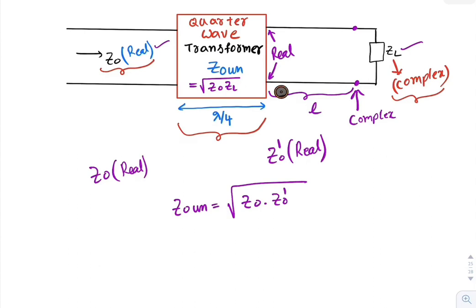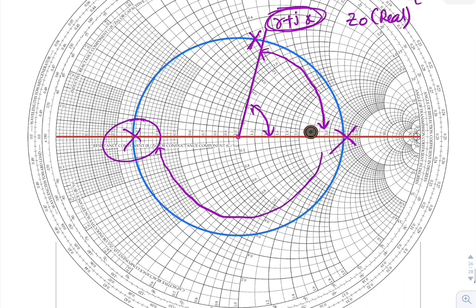Only the thing that you have to do is to convert or transform a complex normalized impedance to a real normalized impedance. That you can do by inserting a transmission line of length L, which corresponds to the angle which is available in between this red color line and violet color line.